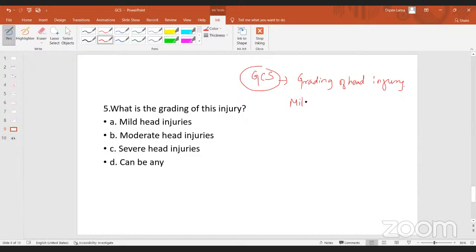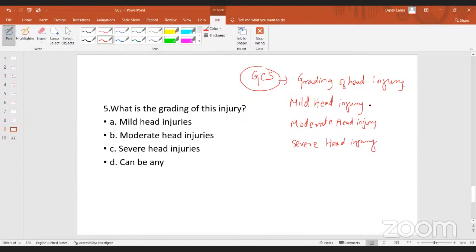There are 3 types of head injury according to GCS score. Mild head injury, moderate head injury, and the last is severe head injury. According to this, we can decide the treatment as well as the outcome of the patient.